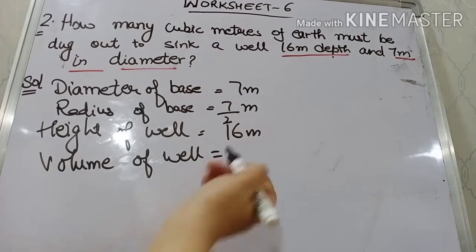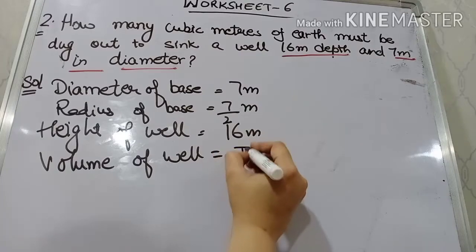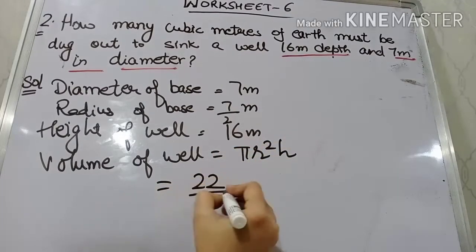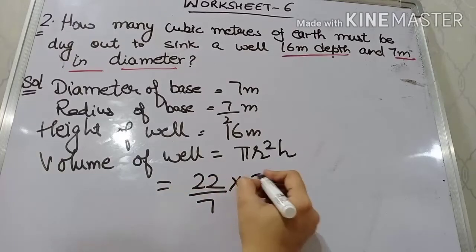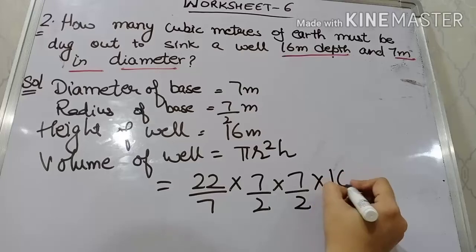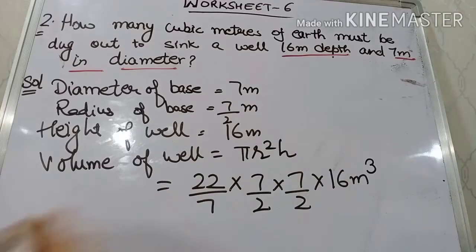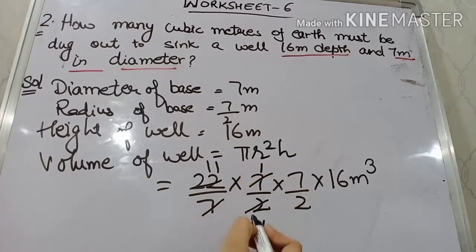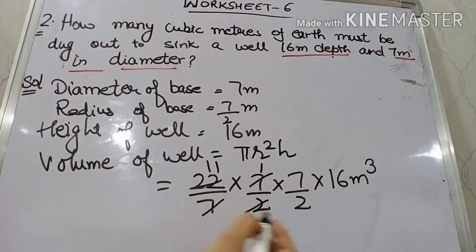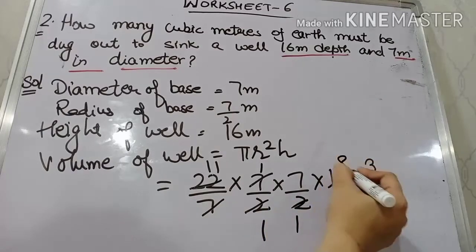So volume, since well is of a cylindrical shape, we are going to find the volume of a cylinder. 22 by 7, radius 7 by 2, multiply 7 by 2, height 16 meter cube. Now 7 ones are 7, 2 ones are 2, 2 ones are 2, 2 eights are 16.